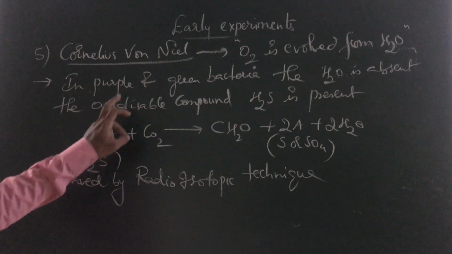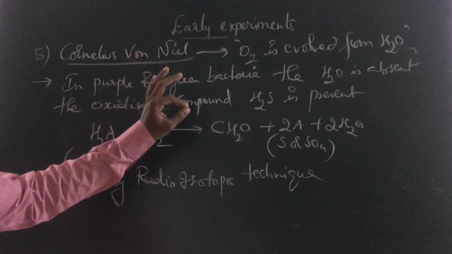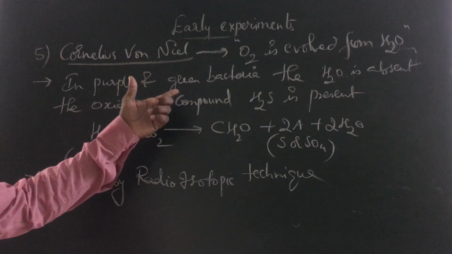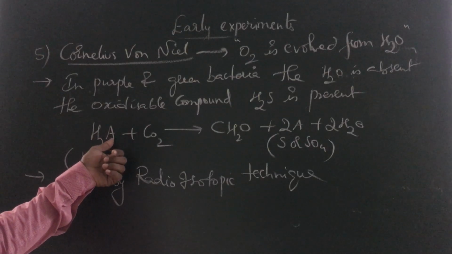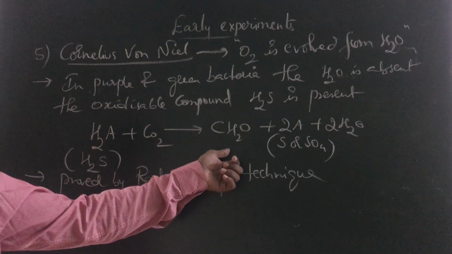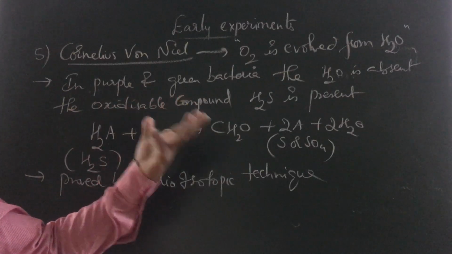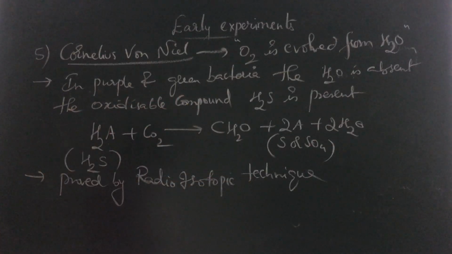That in green and purple sulfur bacteria, which are photosynthetic bacteria, when water is absent, there is an absence of oxygen. That proves that oxygen is produced only from water.